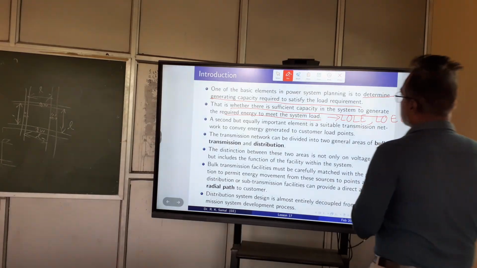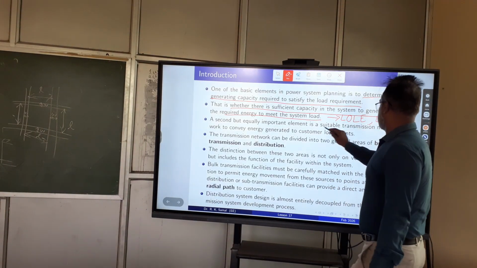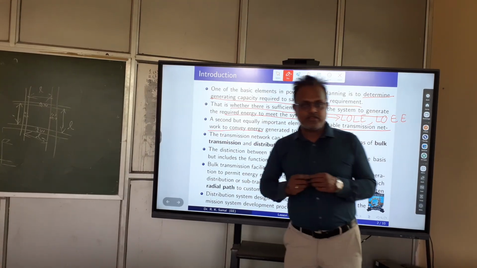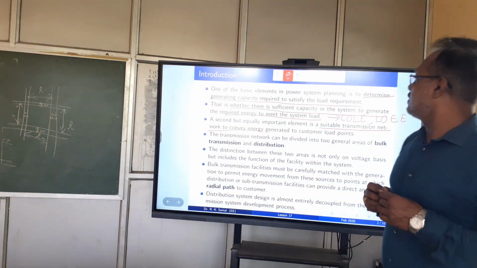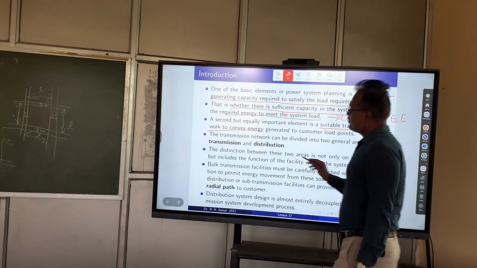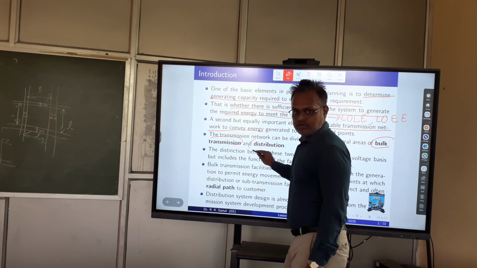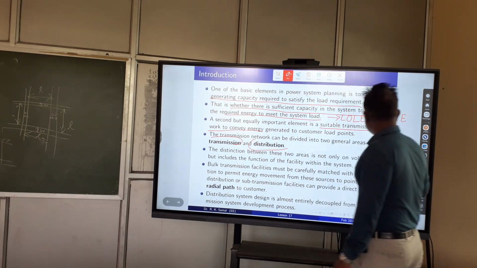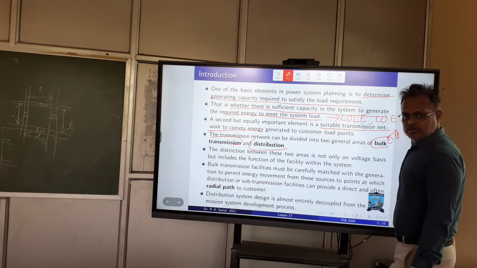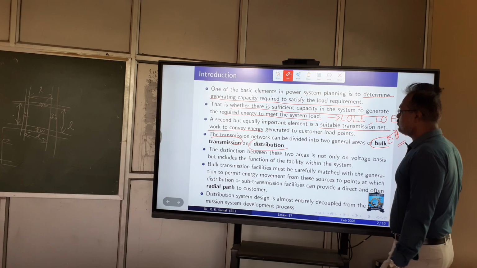The second one, equally important, is a suitable transmission network. Okay, so you need a suitable transmission network. The transmission network can be divided into two parts. One is bulk transmission and the other is distribution. Bulk transmission happens at extra high voltage.